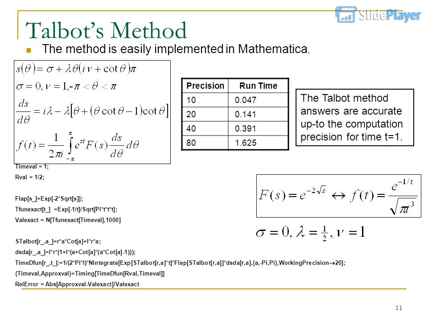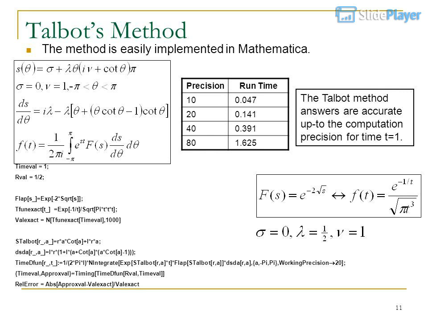Precision 10, run time 0.047. Precision 20, 0.141. Precision 40, 0.391. Precision 80, 1.625. The Talbot method answers are accurate up to the computation precision for time t equals 1.